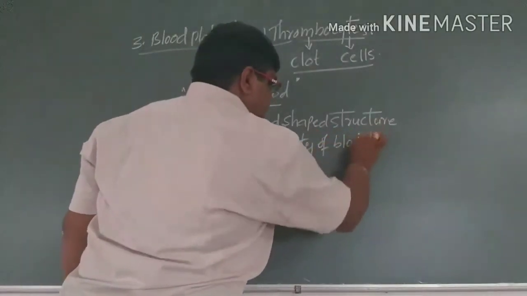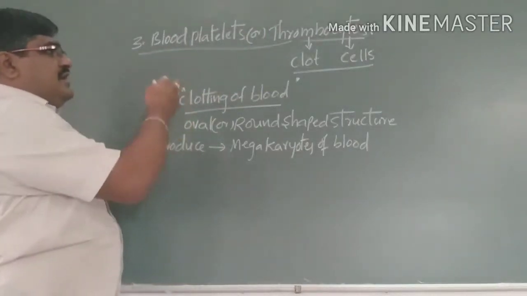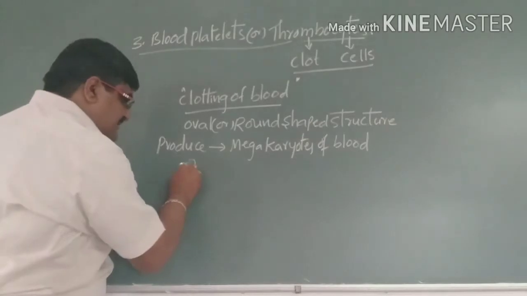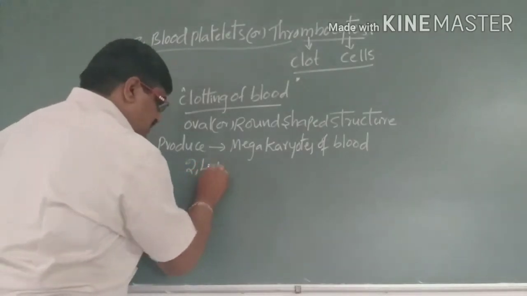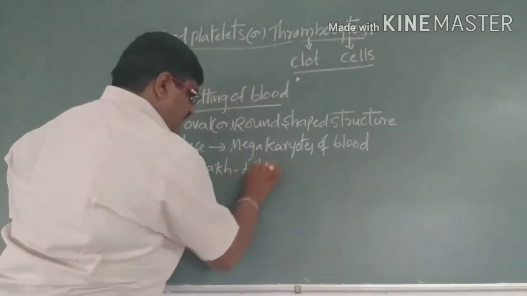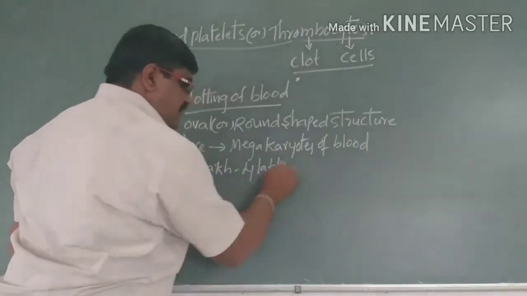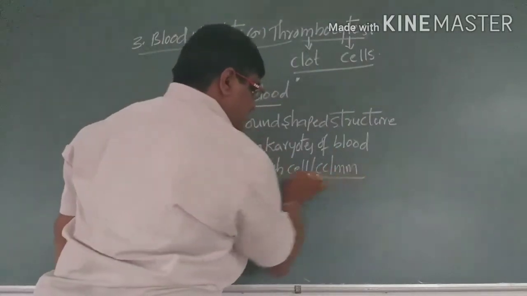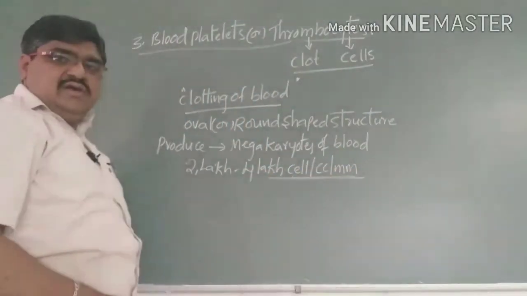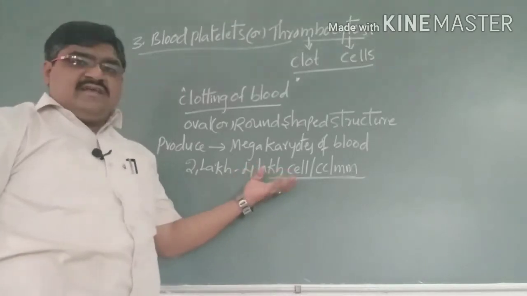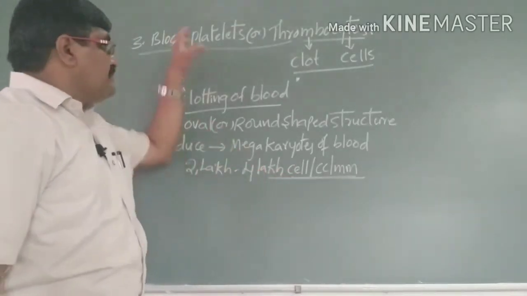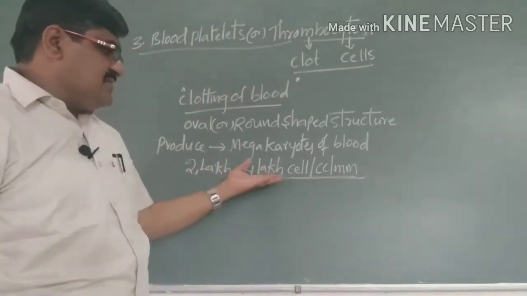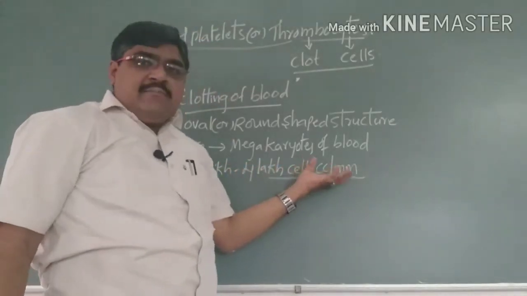They are very numerous, with 2 lakhs to 4 lakhs of cells present per cubic millimeter of blood.